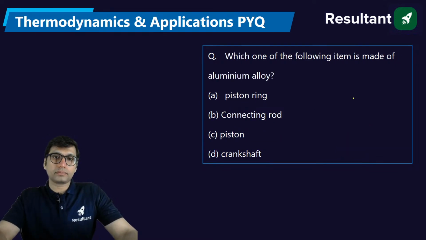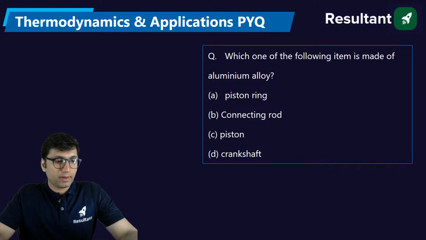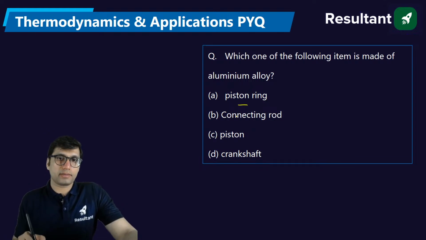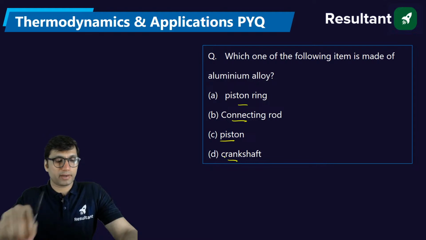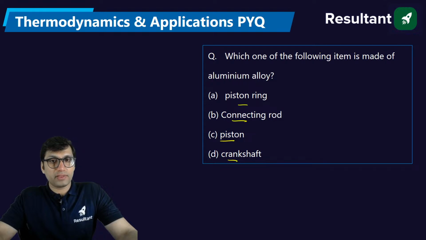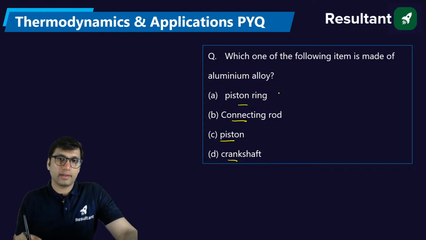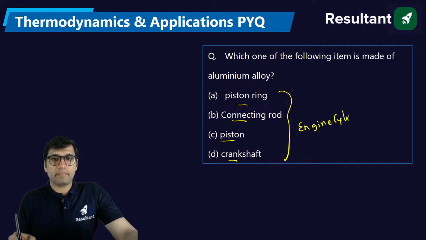Which of the following items is made of aluminum alloy? The options are piston rings, connecting rod, piston and crankshaft. These all are parts of the engine, right? They all are inside the engine cylinder. Well, the engine cylinder is basically made of cast iron.